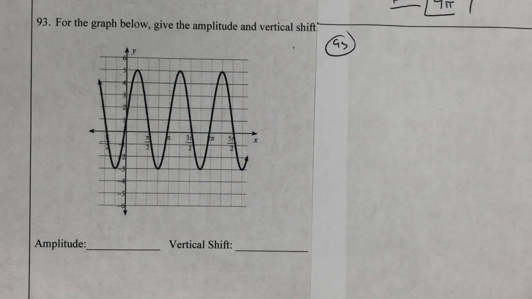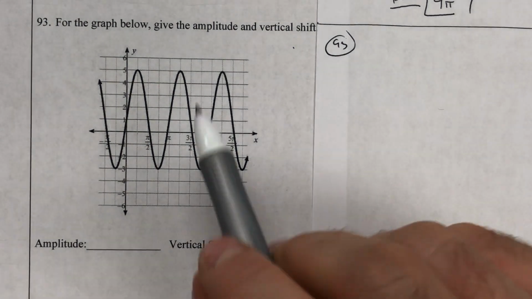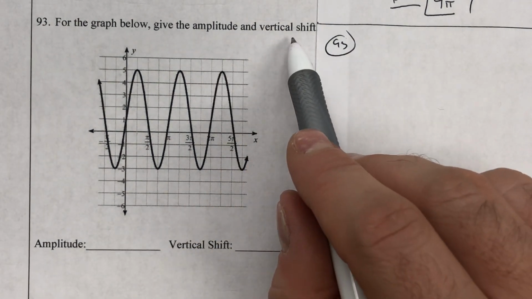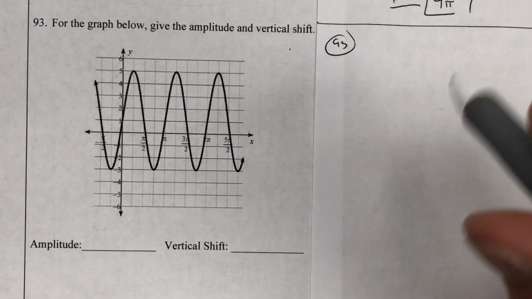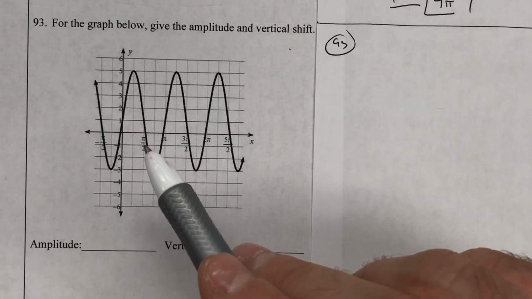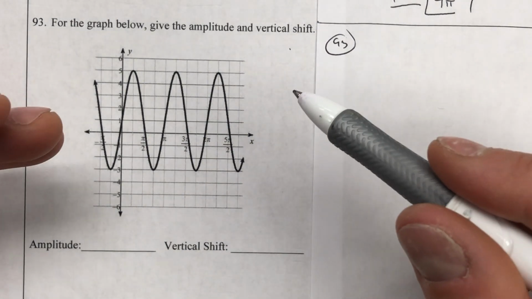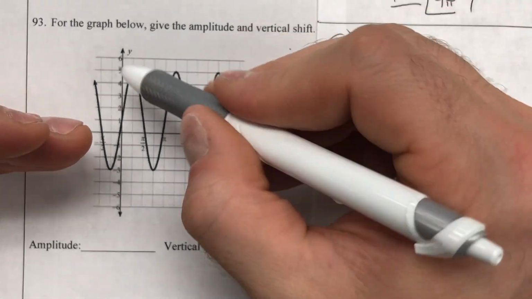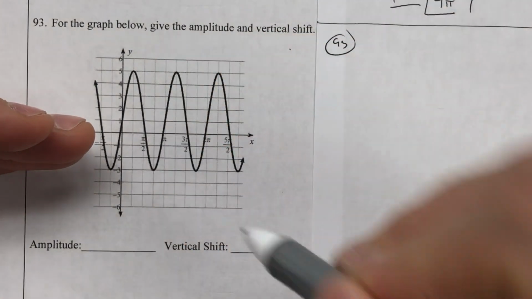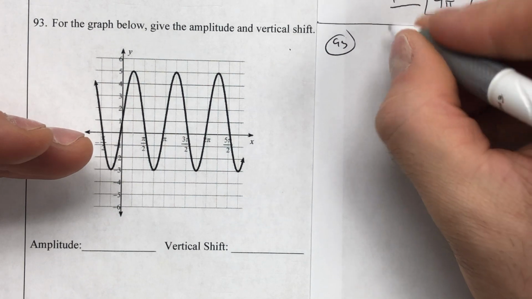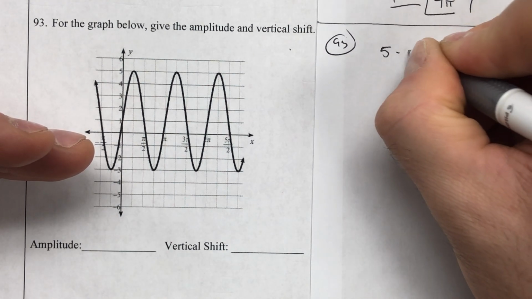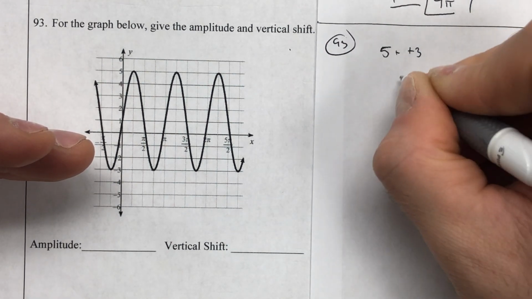Okay, so 93 says we're looking at this graph below. We want to give the amplitude and the vertical shift of the graph. When we're solving this, I'm really looking at where the midline is on my graph. If I go from 5 to -3, 5 minus -3 is the same thing as 5 plus 3.